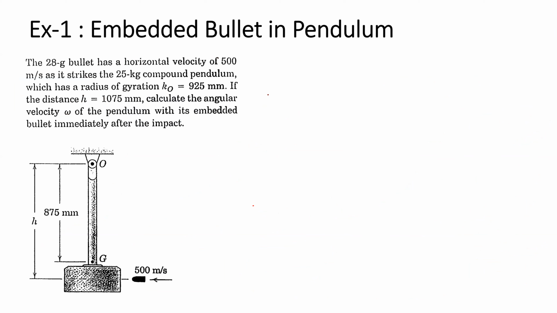Okay, this example is not difficult. We begin with, we have the bullet with the mass 28 gram. And the bullet travels with the velocity, and the bullet hits the pendulum.